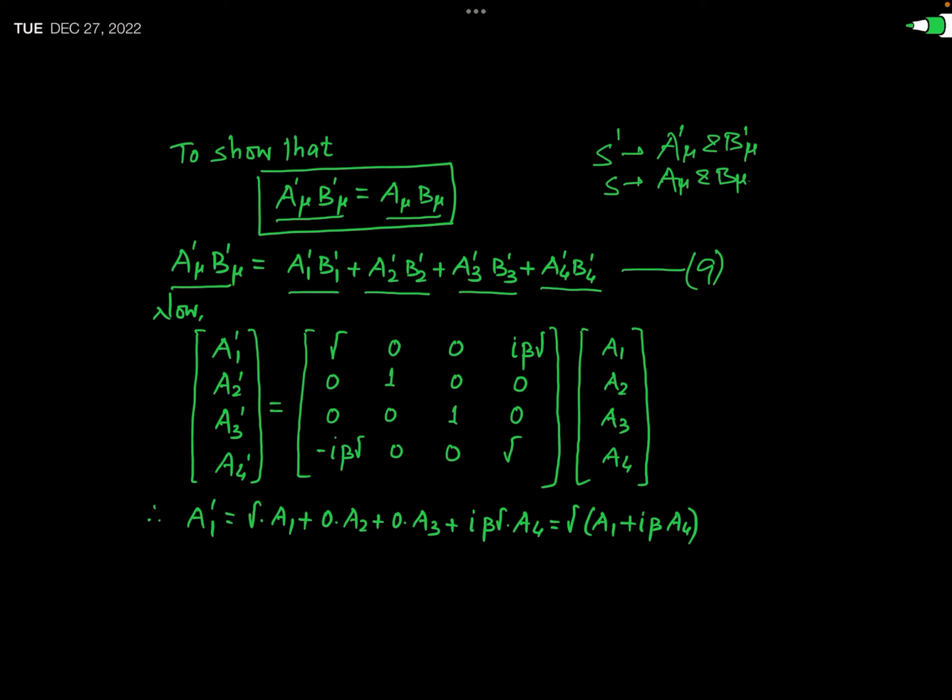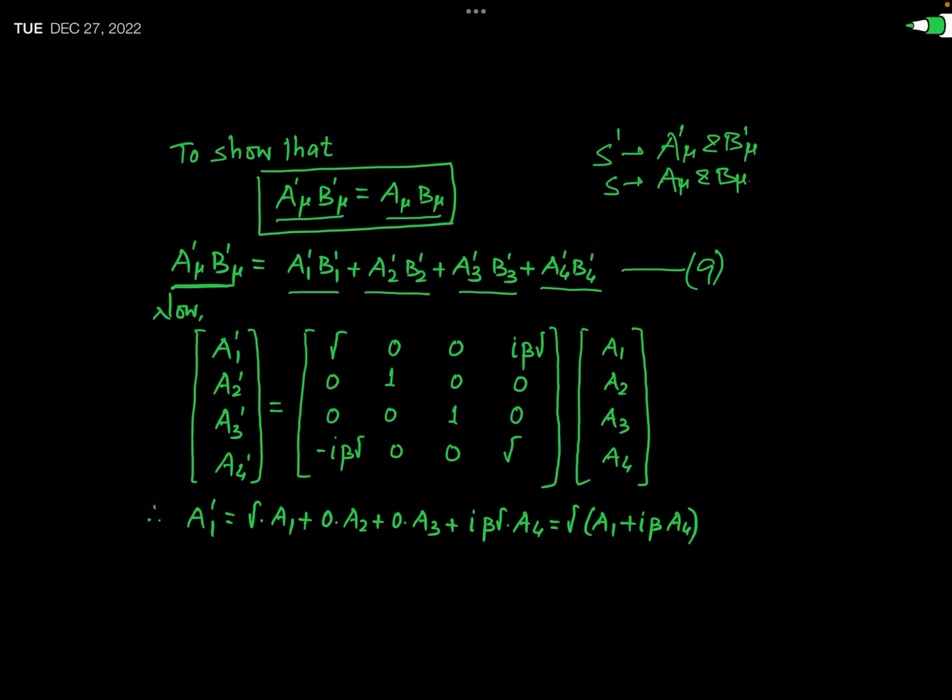To find its value, you have to evaluate not only 4 but 8 components: A1 prime, A2 prime, A3 prime and A4 prime, and also B1 prime, B2 prime, B3 prime and B4 prime.